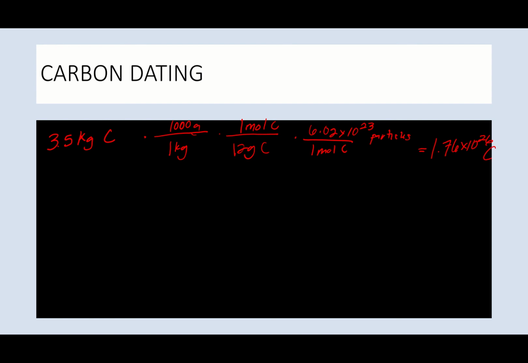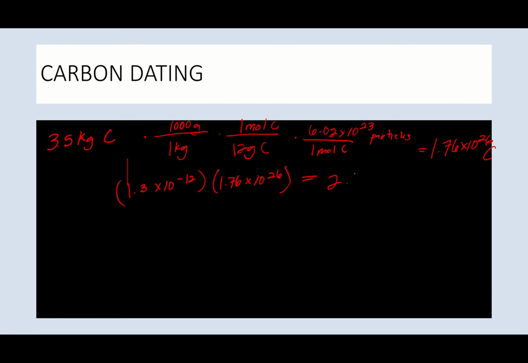So using that fixed ratio we said from earlier, 1.3 times 10 to the negative 12, we can multiply that by this number that we just found to find out how many of those carbons in our bone are actually supposed to be radioactive.